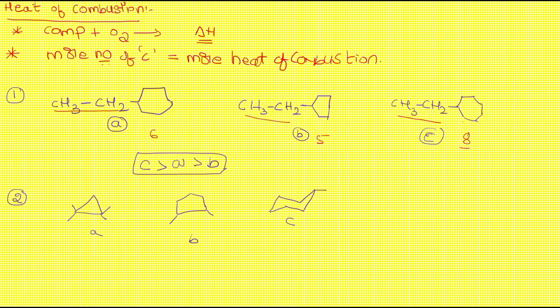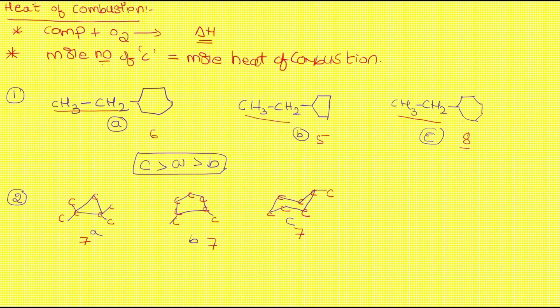Here the total number of carbon atoms is 7, because 3 carbon atoms are present in the ring and outside 4 carbon atoms, total 7. This is a 5-membered ring, 5 carbon atoms in the ring, outside 2, 7 carbon atoms. It is a 6-membered ring, so 6 carbon atoms in the ring, outside 1, 7 carbon atoms.